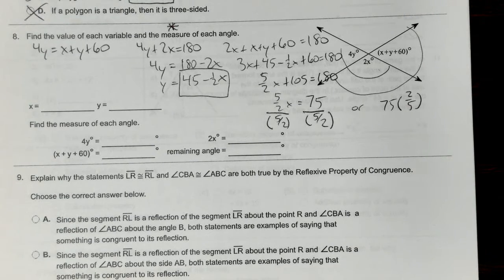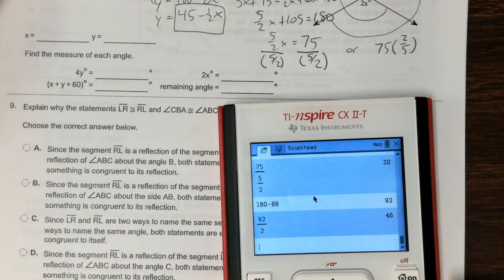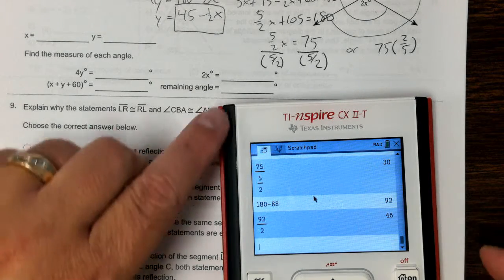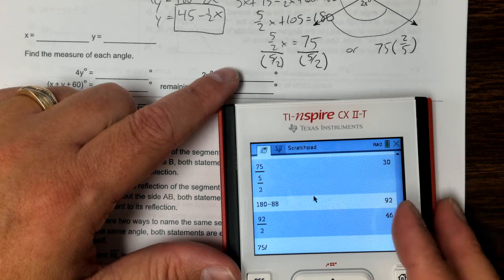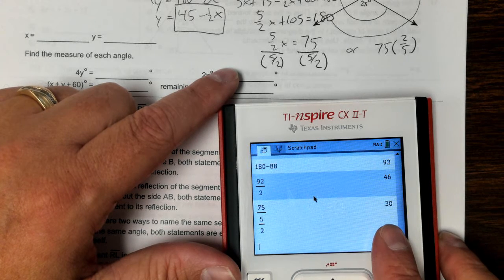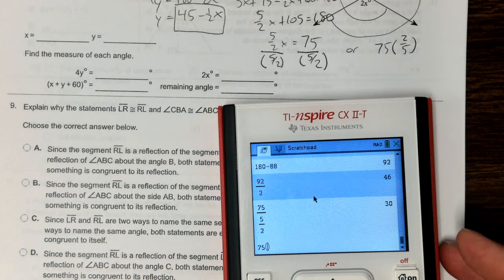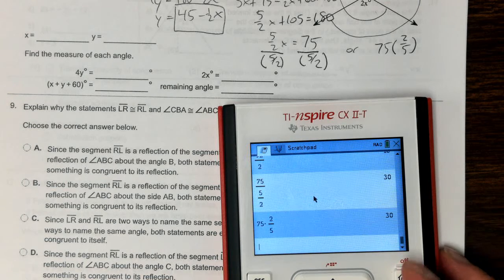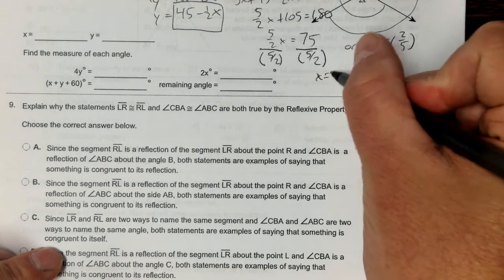Okay, so let me show you this on the calculator. So basically, we have 75 divided by parentheses 5 halves, and we get 30. And if we do 75 times 2/5, you also get 30. So we know x is 30.